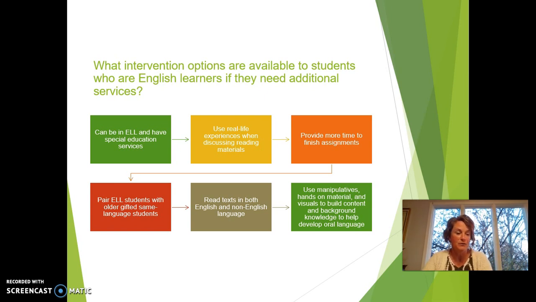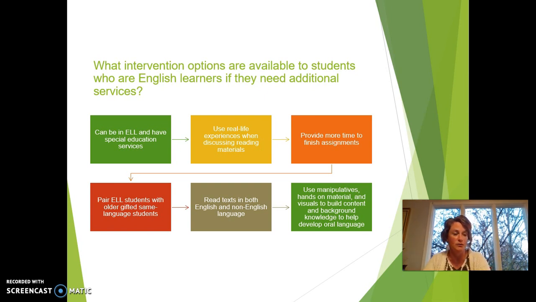I wasn't quite sure how that worked, but even if they're in ELL, they could still qualify for special education. Another thing is use real life experiences when you're discussing reading materials in class. Bring it to where they can understand by using concrete examples, things that they can relate to as you're giving the lessons.